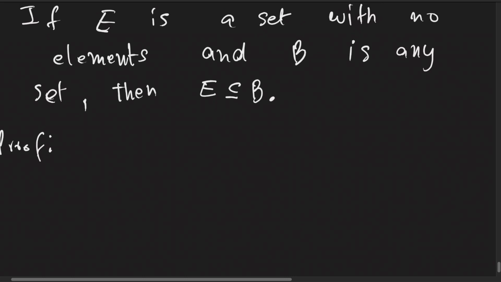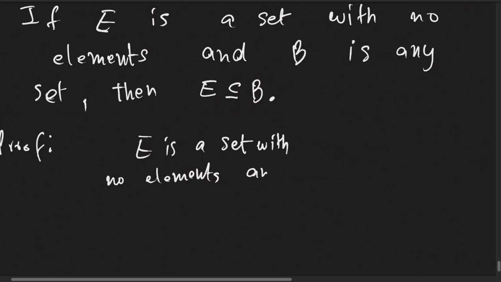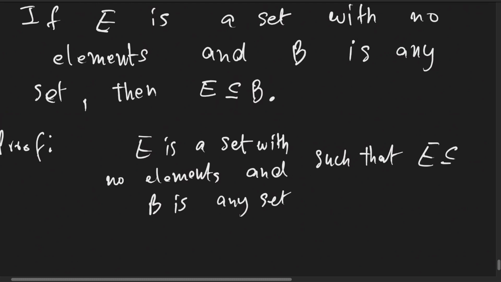The negation of this statement would be: E is a set with no elements, and B is any set such that E is not a subset of B. We're writing the statement's negation here.